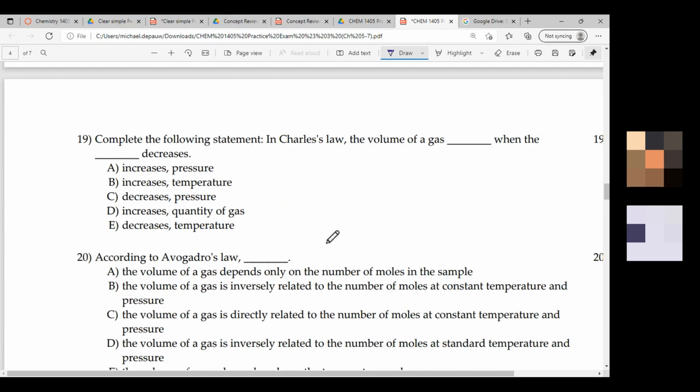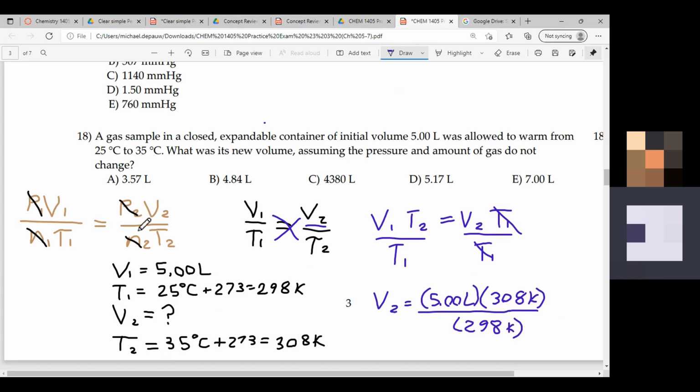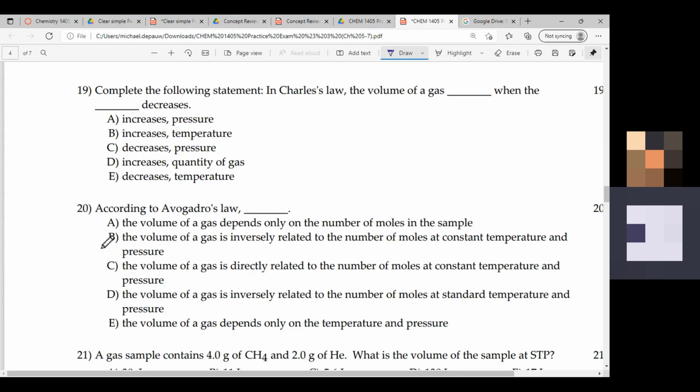Now, unfortunately, though this will help you do any of the problems with any of the gas laws, he does like to throw these types of questions on there, which means you still unfortunately have to kind of know the names of the stupid laws. So Charles' law is the volume and temperature relationship.